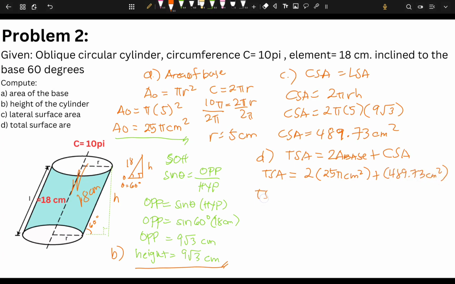So, TSA, let's get our calculators again. That is twice 25 pi plus 489.73. So, that is equivalent to 646.81 centimeters squared. So, I hope you were able to follow and that you also tried to solve it.